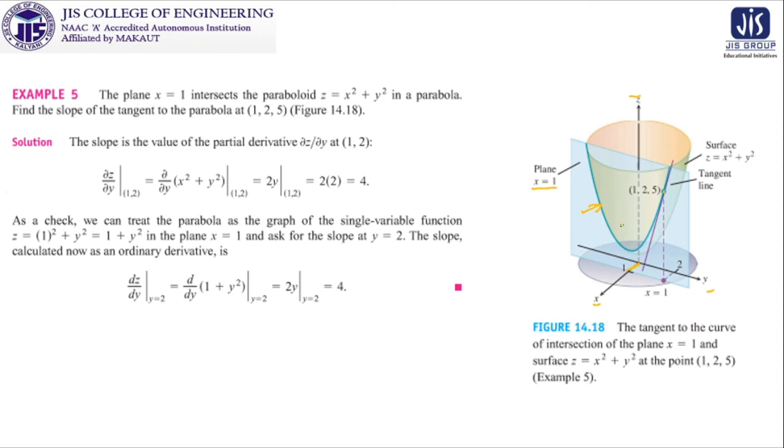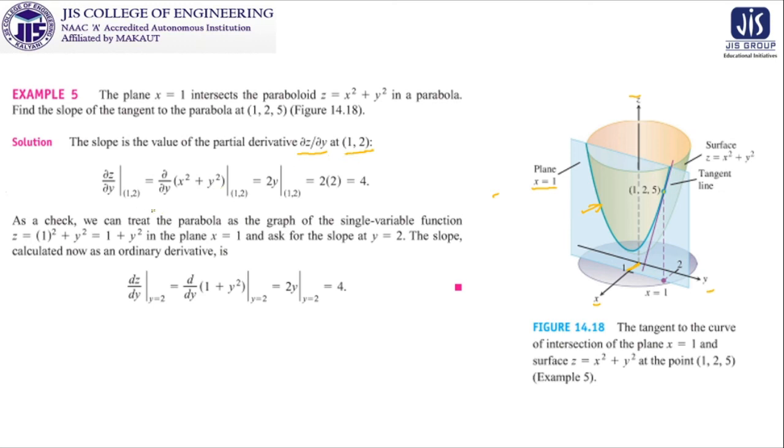The question is big, the understanding is bigger, the graphical representation is biggest, and the calculation is the easiest. Because the calculation is nothing but the value of the partial derivative del z del y at 1, 2.